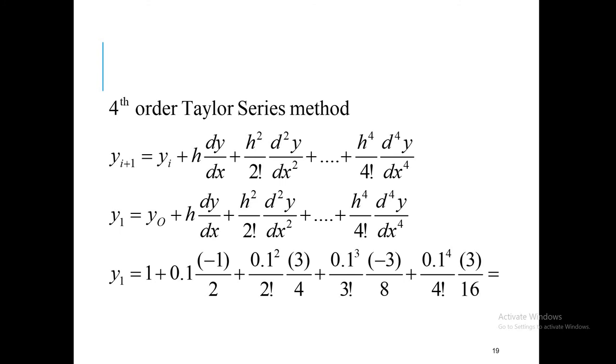Then the third one, y triple prime, gives negative 1 over 4 plus 0 over 8 minus 1 over 8, which is negative 3 over 8. Then for the fourth derivative, with x at 0 and y at 1, that gives 1 over 8 minus 0 over 16 plus 1 over 16. This is 2 over 16, so we get 3 over 16.